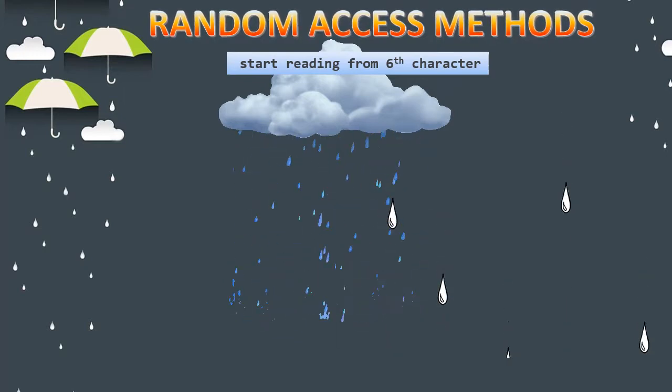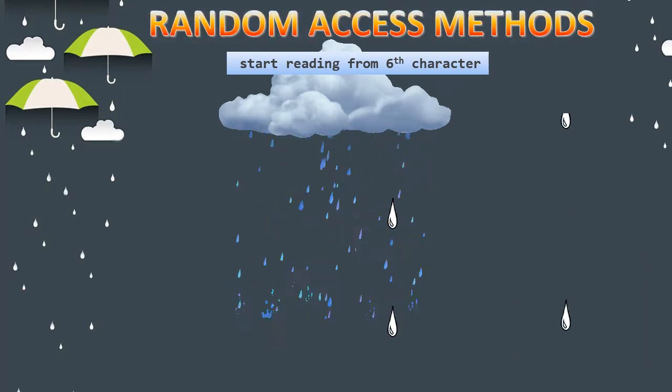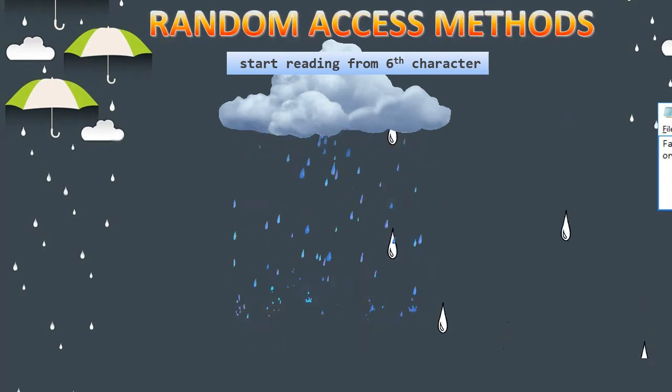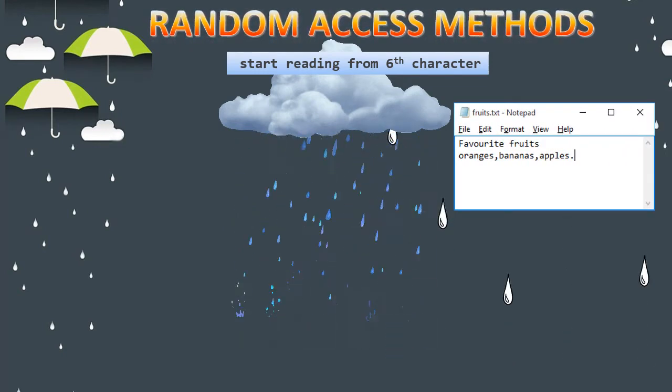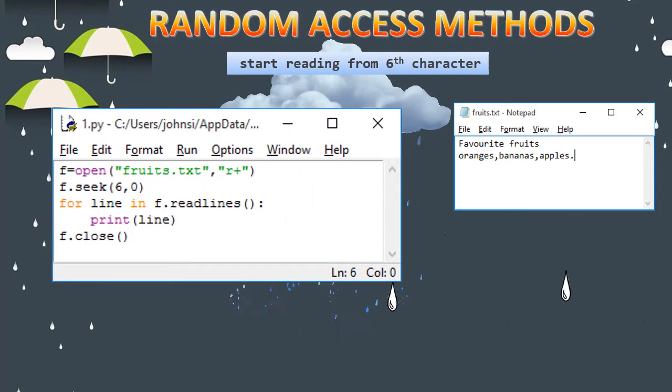In this program, we are going to start reading from the sixth position character. Consider this text file, fruits.txt, and we are opening it in reading mode. In the second statement, we have file object dot seek of 6 comma 0.